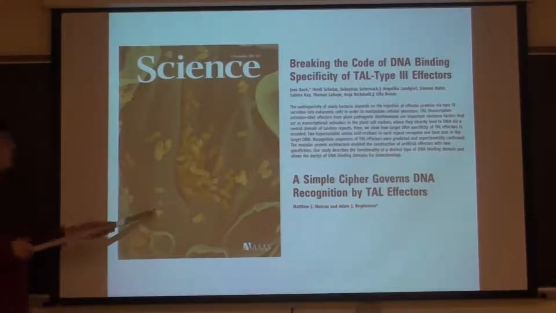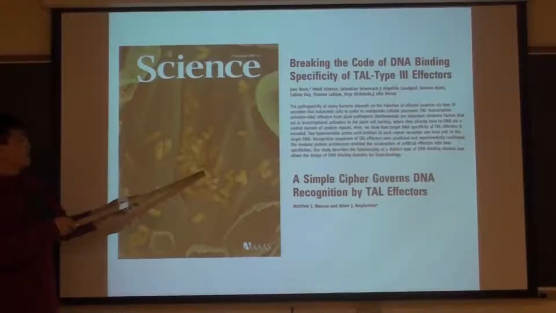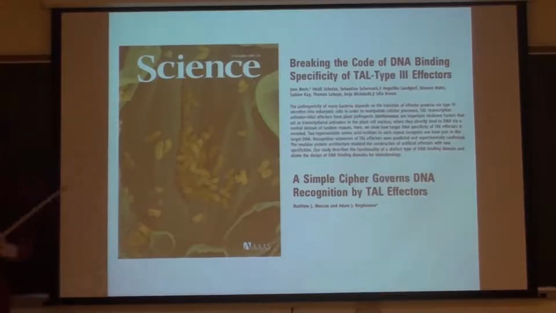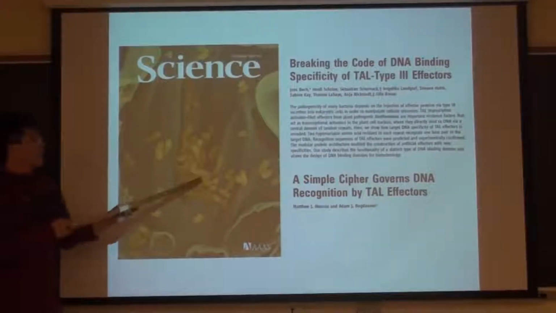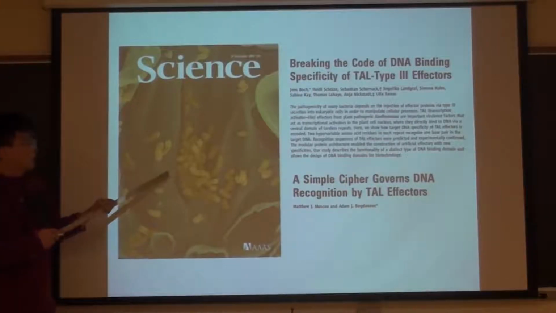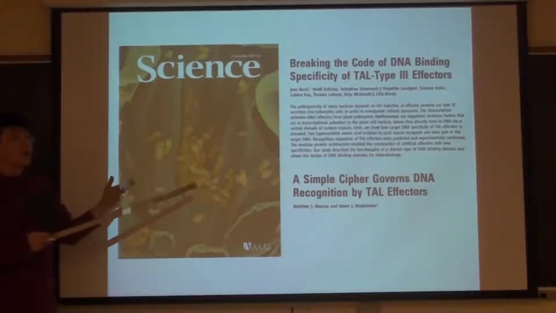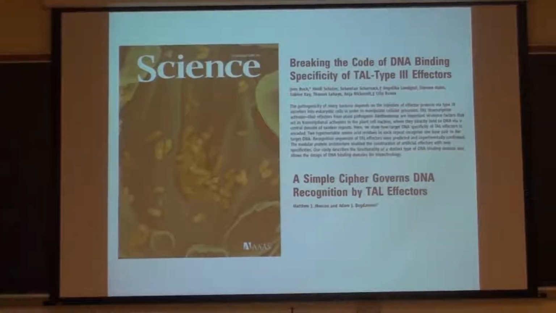This is a plant tissue, and certain bacteria grow as parasites on the plants. But what they want to do is actually influence the gene expression pattern of the plant itself to become easier for the bacteria to survive.